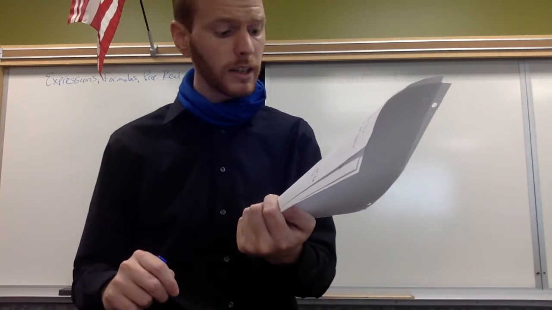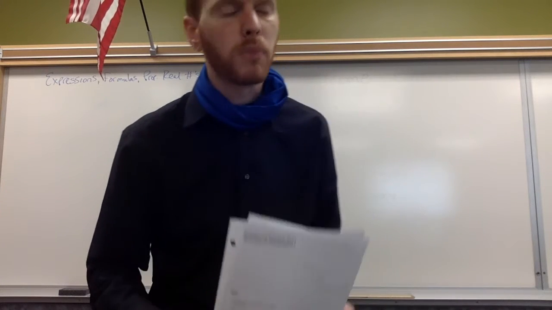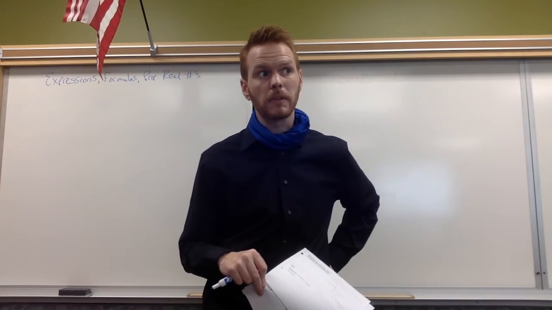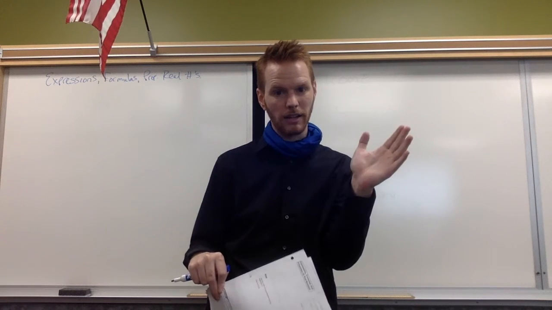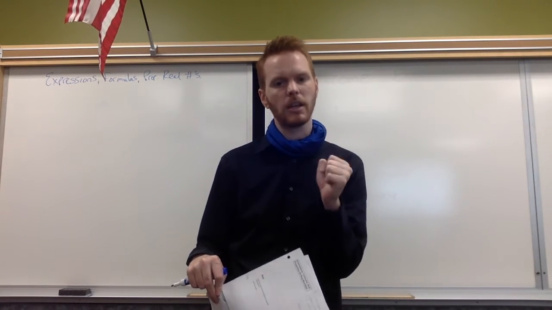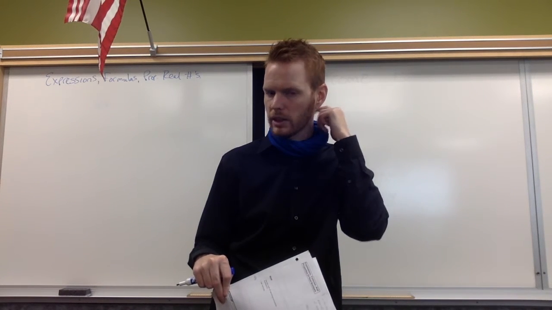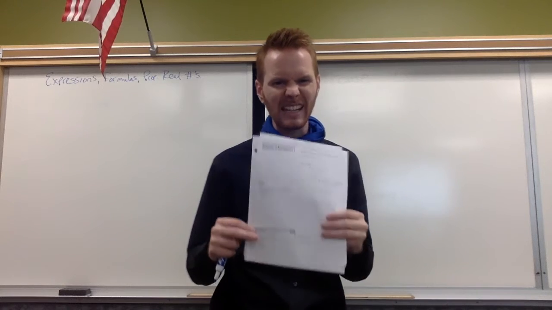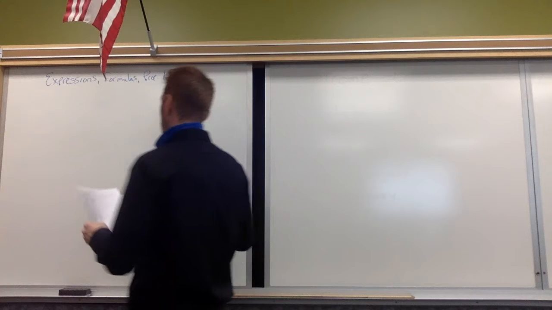Now, left to right is very important. A lot of people forget that you do multiplication and division together, but from left to right. So just please be careful with that. I don't want you to get these problems wrong because you missed that tiny little detail. Okay? So we're going to go ahead and start with the first problem.